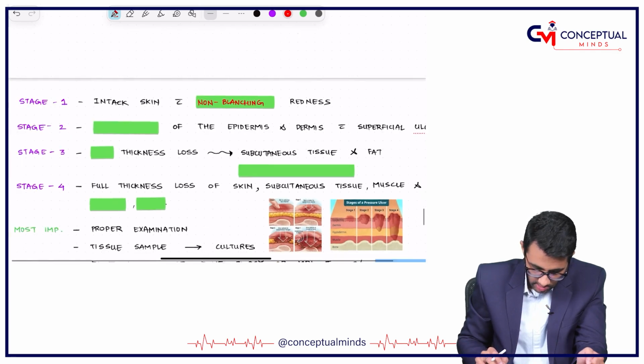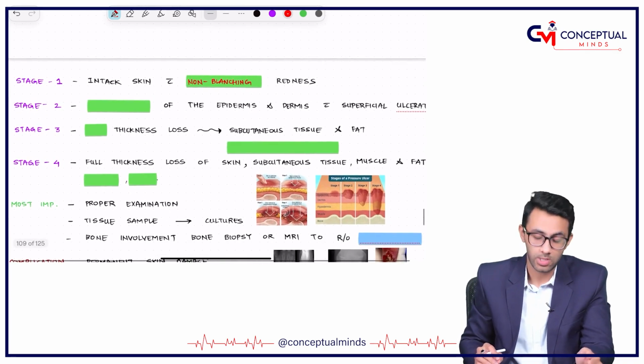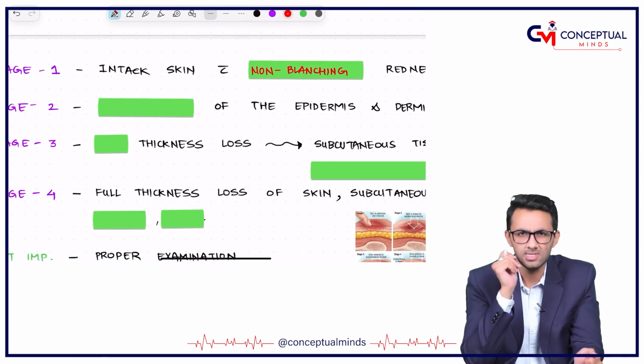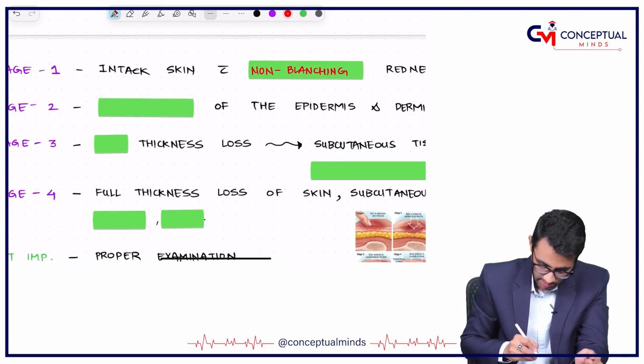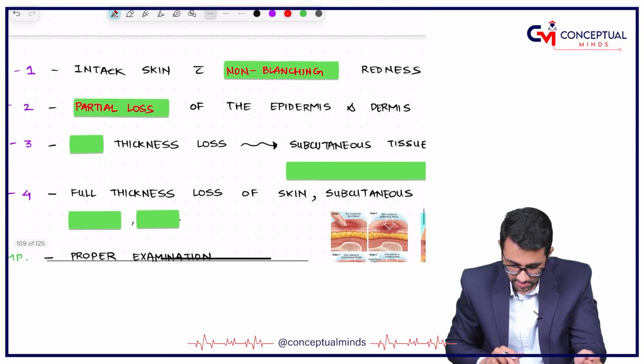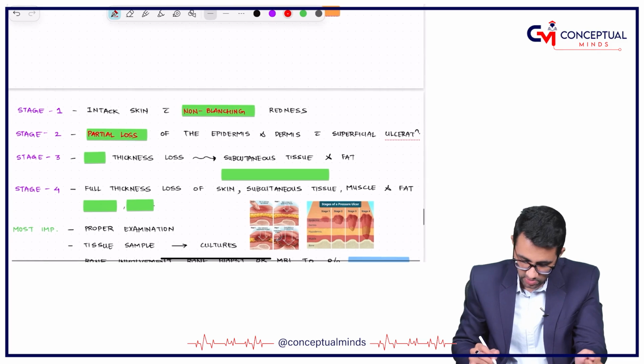Alright, how about stage 2? Stage 2 was partial loss. So for the first time the epidermis is lost. Partial loss of the epidermis with superficial ulceration will also be seen.